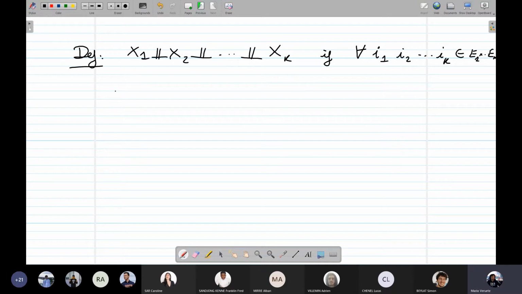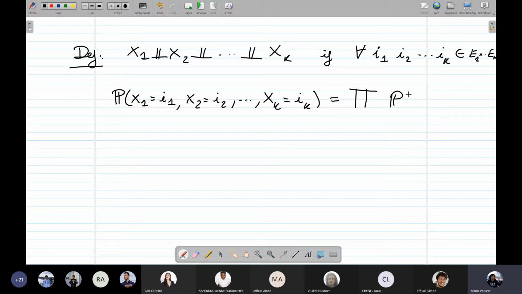The thing you can imagine, the probability that x1 equals i1 and x2 equals i2 and so on, xk equals ik, this probability is just the product of the probabilities that xp equals ip for p equals 1 to k.